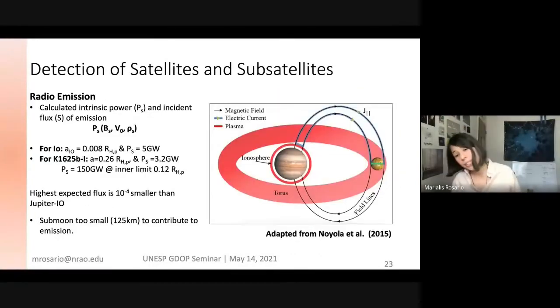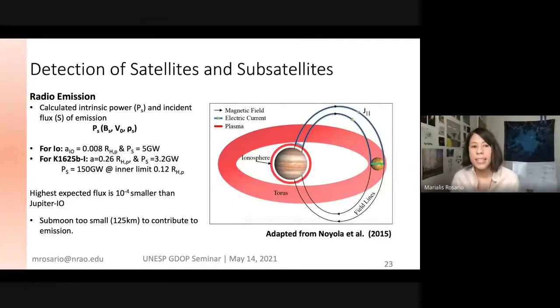And finally, we evaluate the possibility of submoons contributing to a radio emission produced by a similar mechanism to that between Io and Jupiter. Specifically, for the exomoon itself, for K1625bi, we find a total power of 3.2 gigawatts is possible for emission.